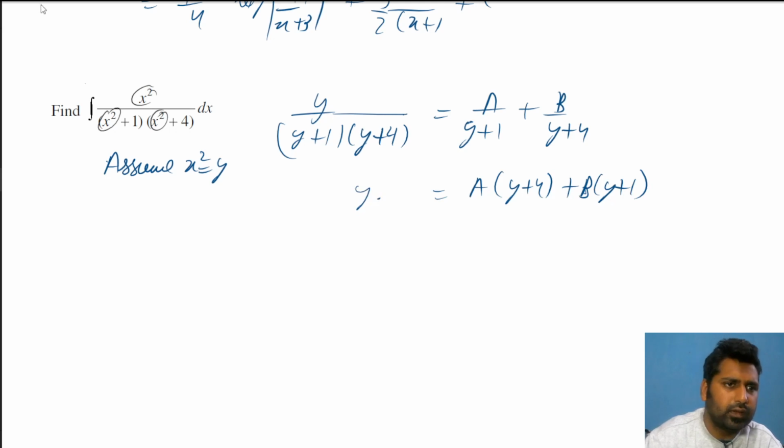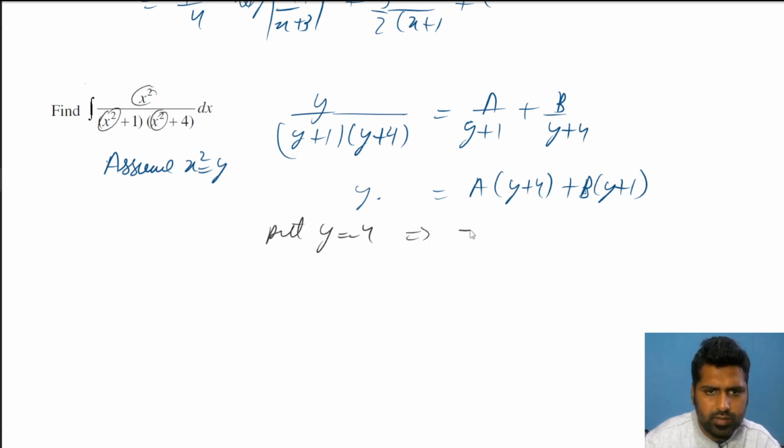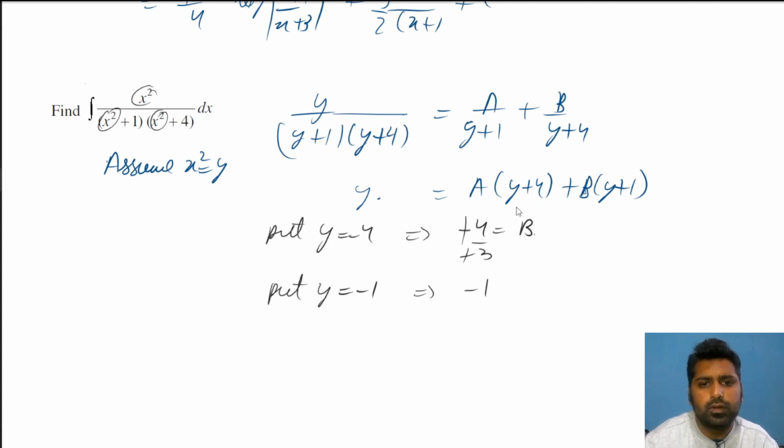Putting y as minus 4, you got minus 4 is equal to b into minus 4 plus 1, minus 4 by 3. Minus 4 is equal to b into minus 3, negatives cancel, b is 4 by 3. And putting y as minus 1, you will get minus 1 upon 3, that's your a. So a is minus 1 by 3, b is 4 by 3.